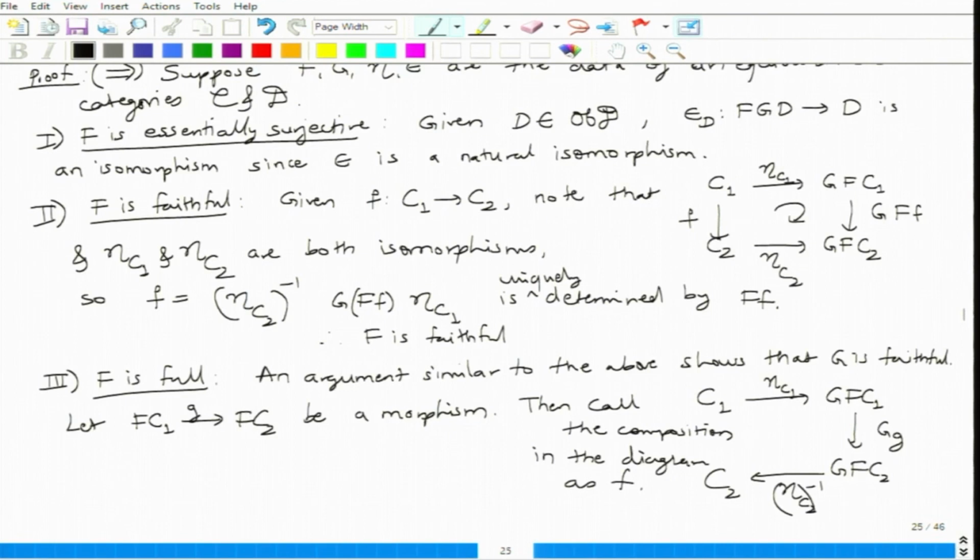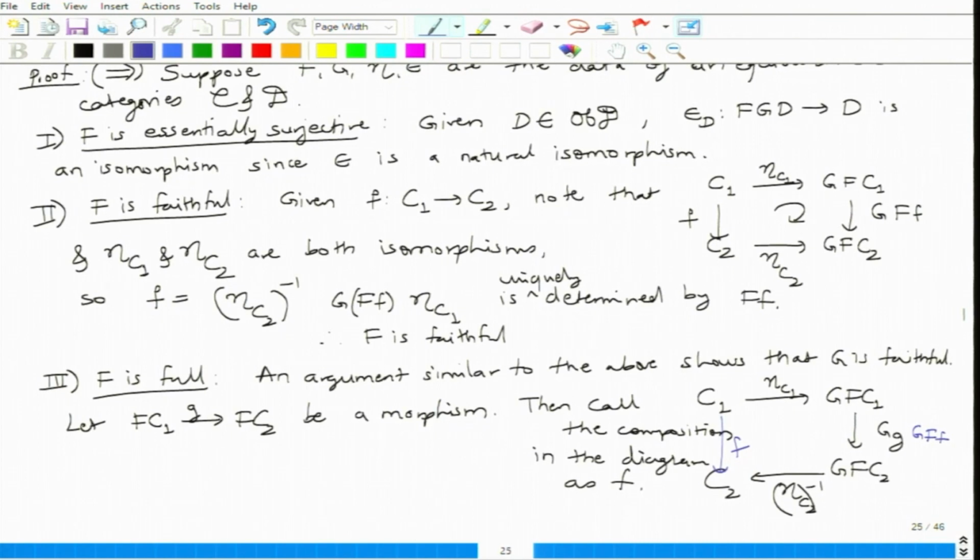What can you say about this f? If I put eta C2 inverse, I can change its direction, then even if I put GFf over here, this diagram also commutes. I'm putting this f over here, that's our name. So with f, there are two different morphisms, Gg and GFf, such that this diagram commutes. But G is faithful.